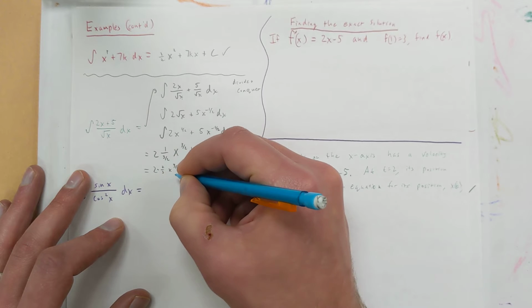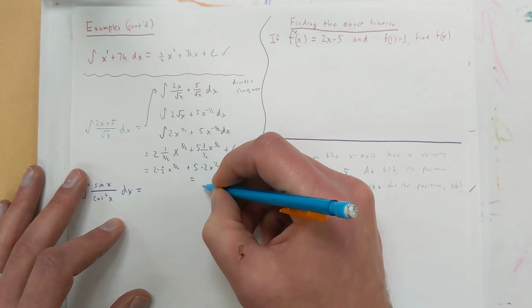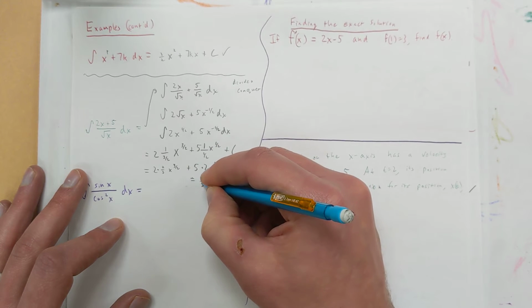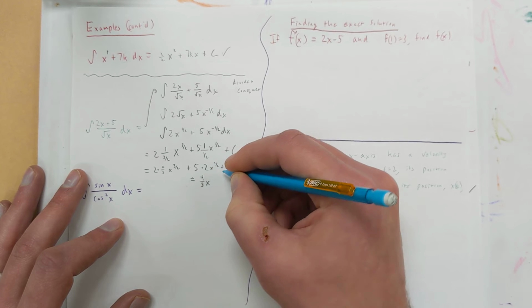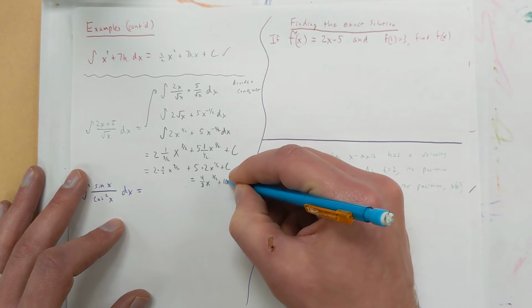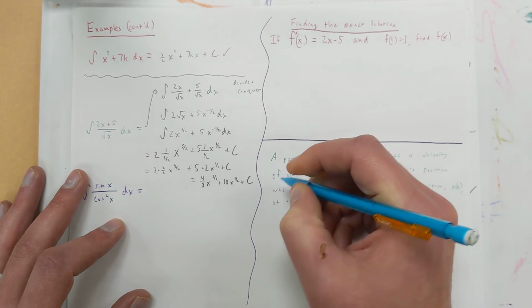And I'm going to rewrite this. My final answer here is going to be 4/3 x to the 3/2 plus 10 x to the 1/2 plus c.